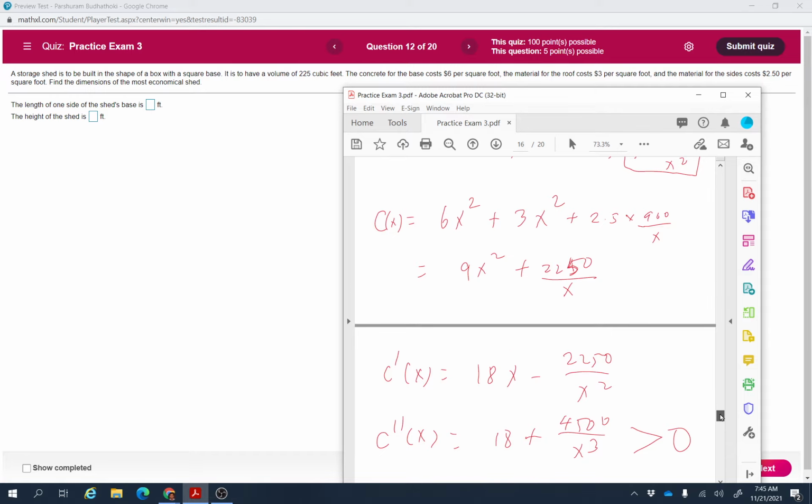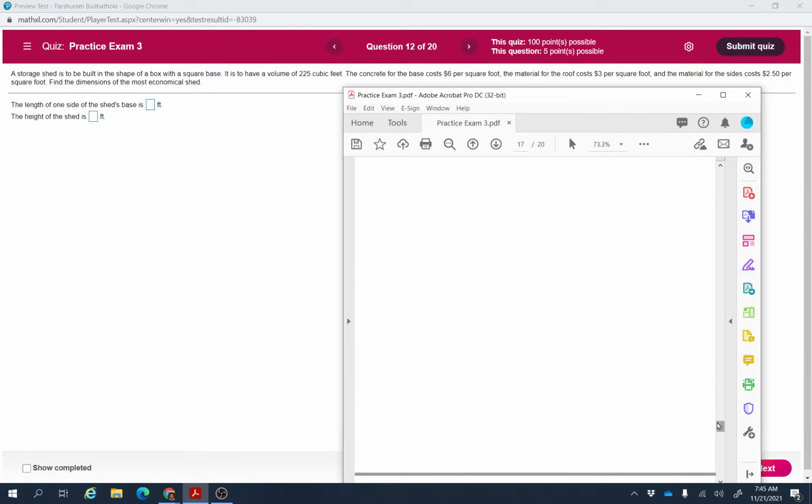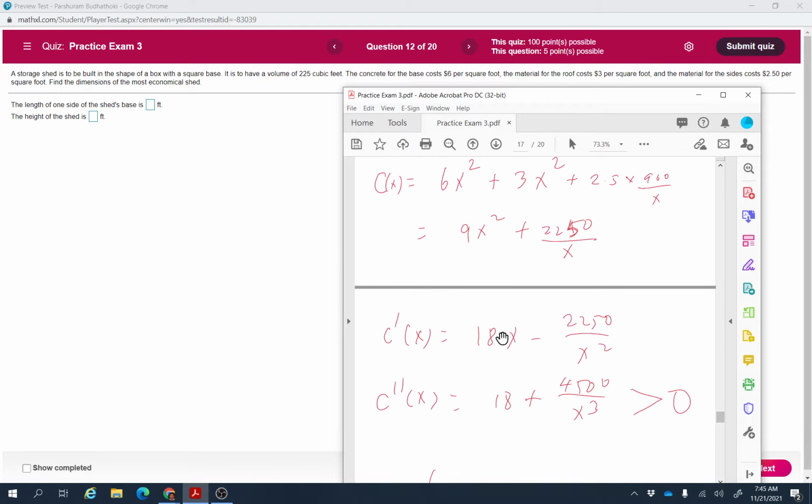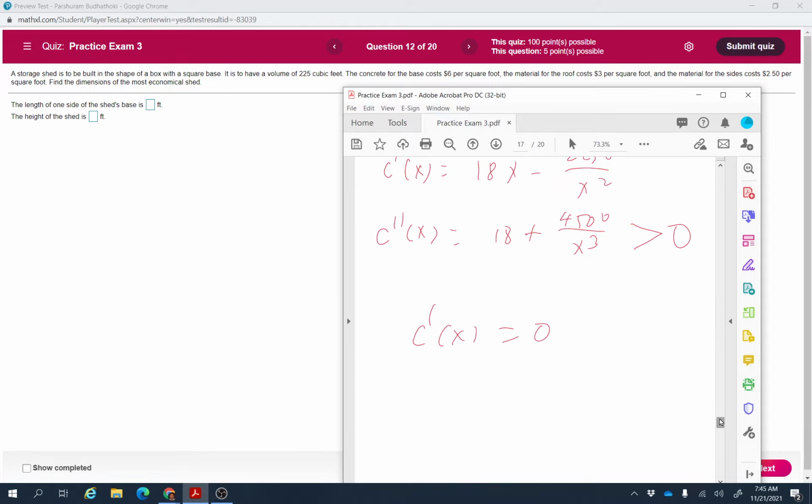So let's find the critical point. For finding the critical point, we just equate the first derivative with 0 and solve for x. The first derivative is 18x minus 2250 over x squared.